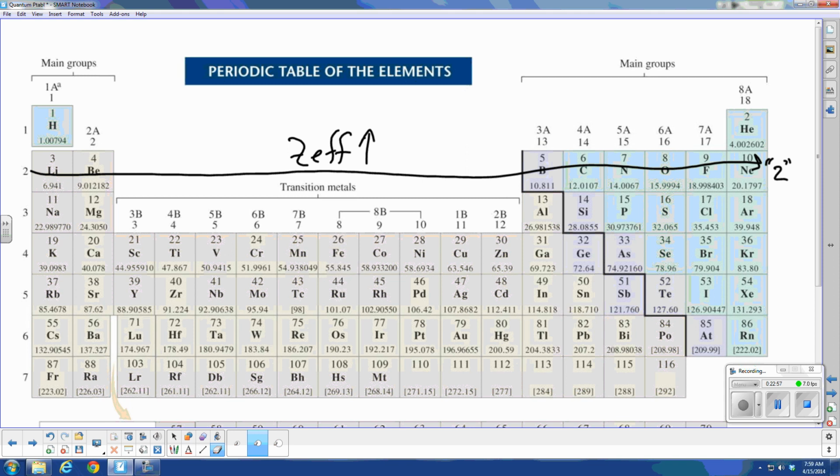As I go down, my Z effective still increases, but not as much. I'm adding protons, and so my Z effective does increase, but it doesn't have the same effect, because as I go down, what am I also doing? I am adding shells, right? I go from the second to the third to the fourth to the fifth to the sixth to the seventh shell, meaning my size is getting bigger. Okay, good. So that's our trend on Z effective.